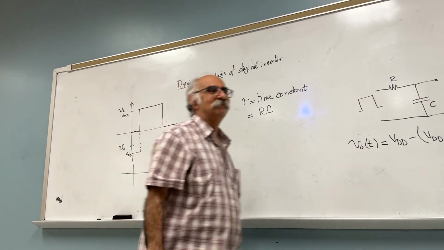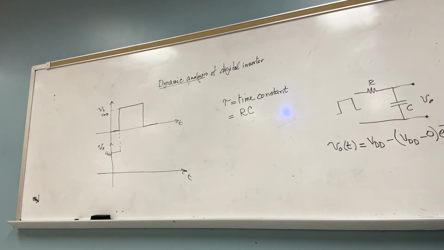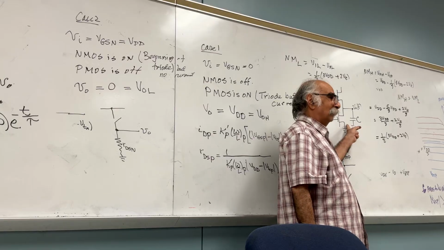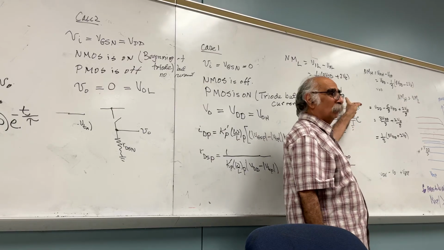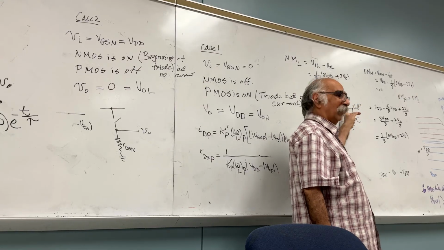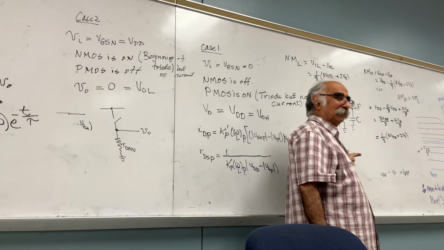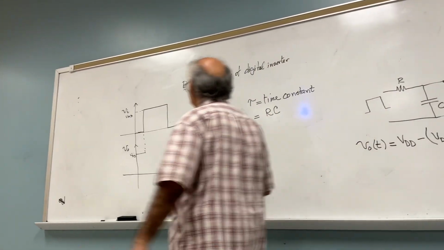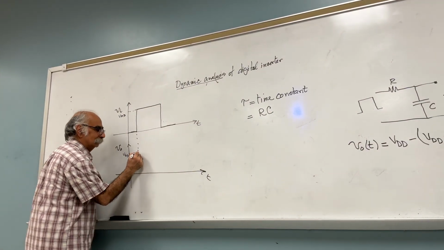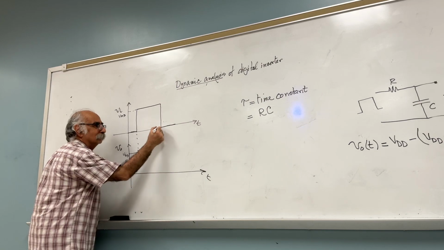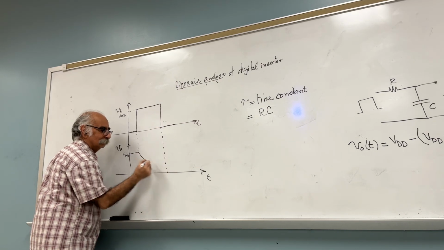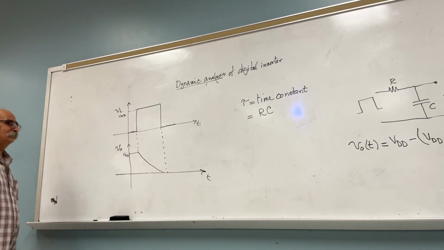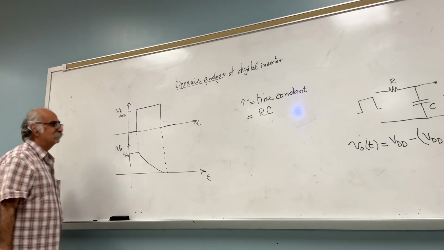At this time, what happened? The input became high. The NMOS is turned on, the PMOS is turned off. The capacitor begins to discharge, to where? Ground. Clear so far?